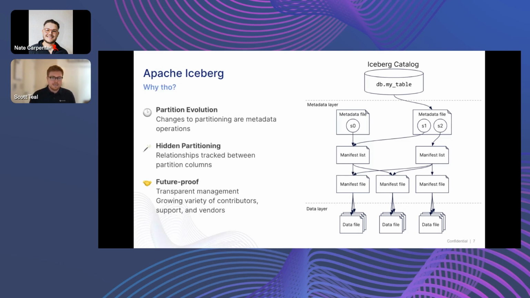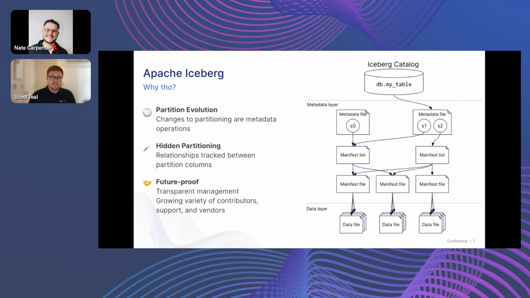Like I said, Delta Lake and Iceberg are similar in that they are trying to use metadata to create some abstraction from the data files into tables, and that's how they're able to provide ACID transactions, time travel, and schema evolution. That said, in my opinion, there are a few advantages to using Iceberg.